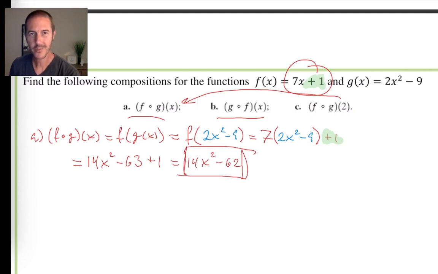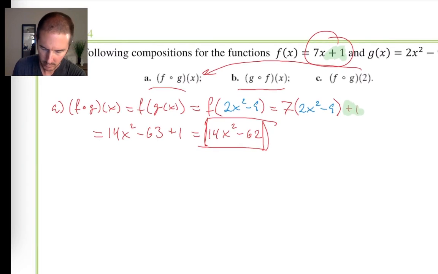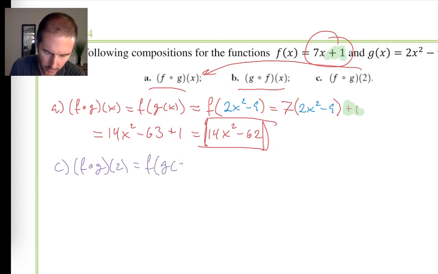Let's do part C next. Part C, I will change colors this time. Part C says f of g of 2, which is the same thing as f of g of 2. You have options at this point because you know what f of g of x is.